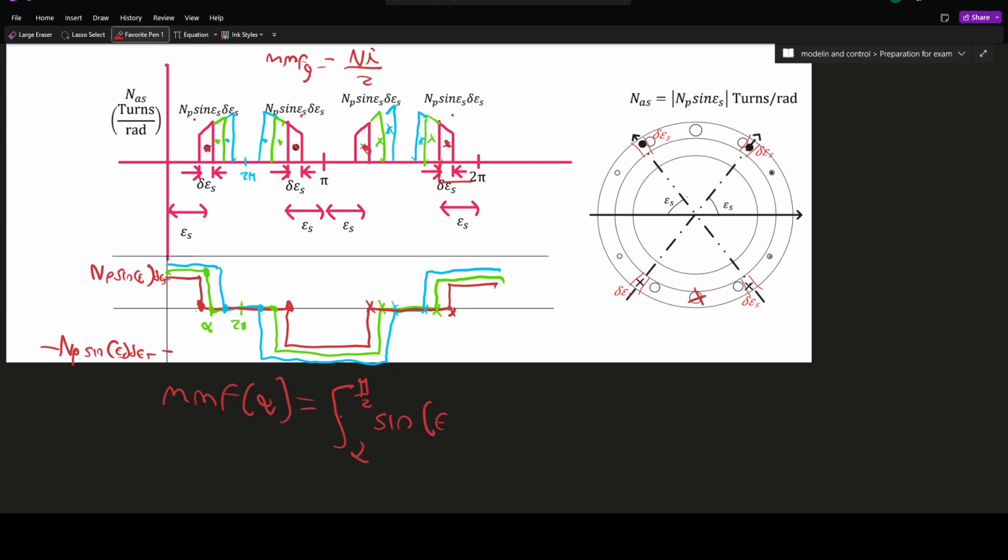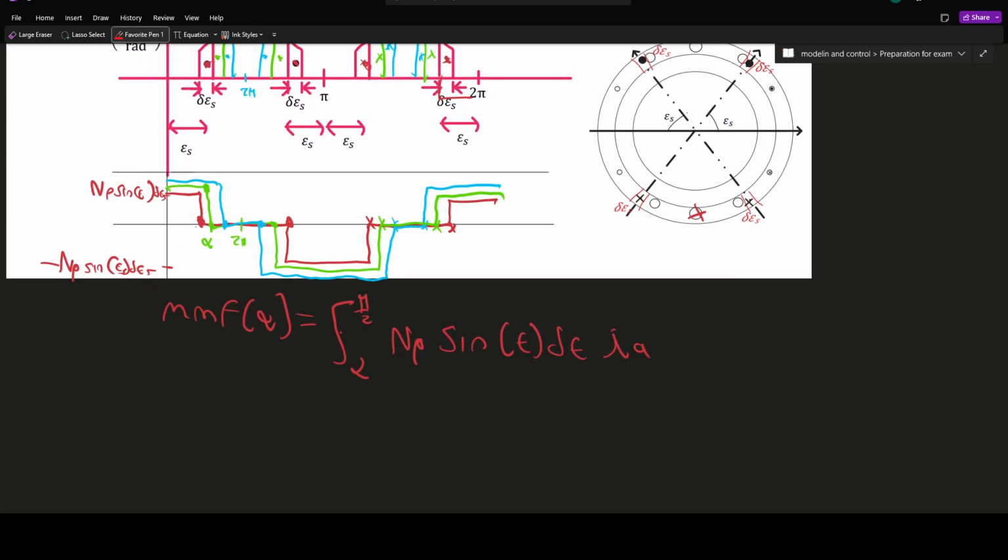Oh well, we're gonna have first our MP sine epsilon ds times I. So this is our distribution. Oh well, this is what we have here. Our MMF times our current is what gives us our MMF. Our number of turns and our current give us our MMF.